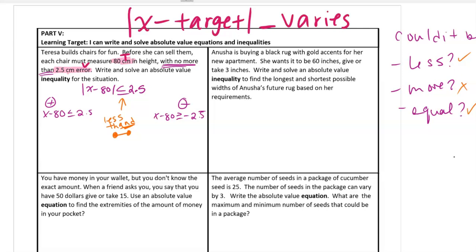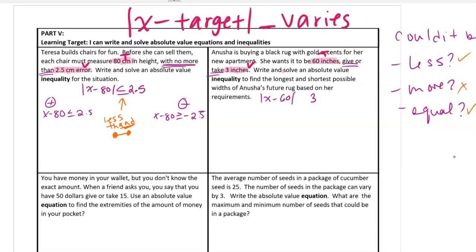All right, for the next one, she's buying a black rug. She wants it to be 60 inches, give or take 3 inches. So here our target is the 60 and our varies is the 3. Now for the inequality, let's go ahead and set it up. X minus 60 and 3. Now it says give or take. Could it be more than 3?